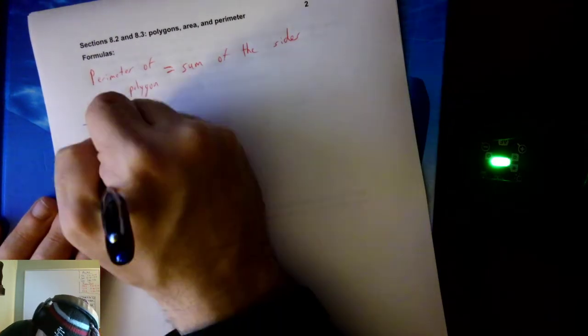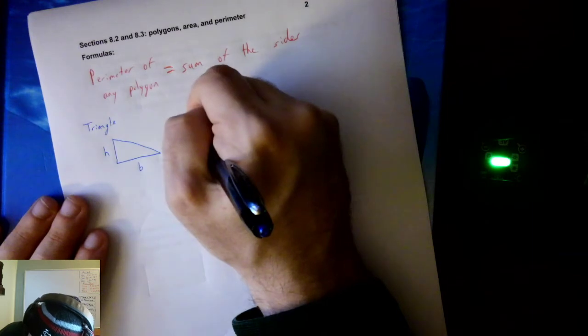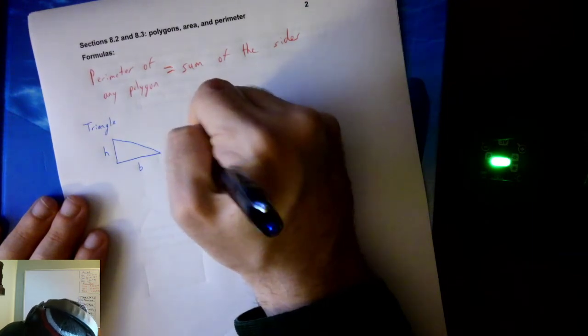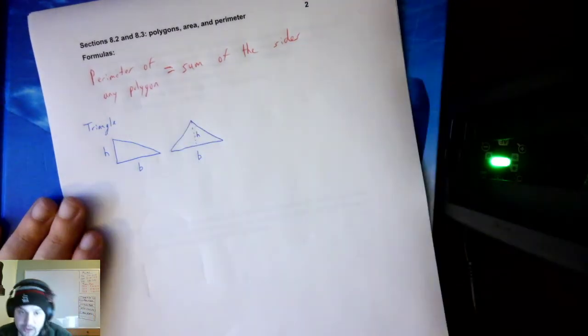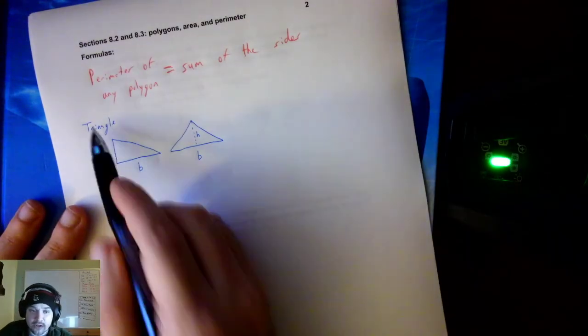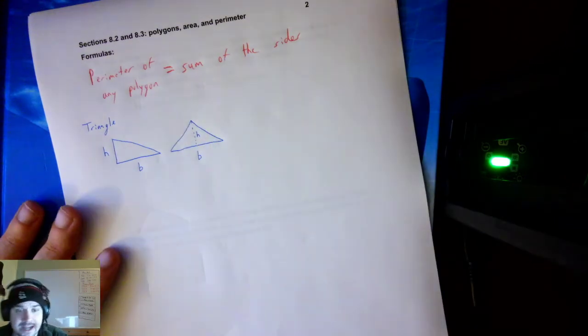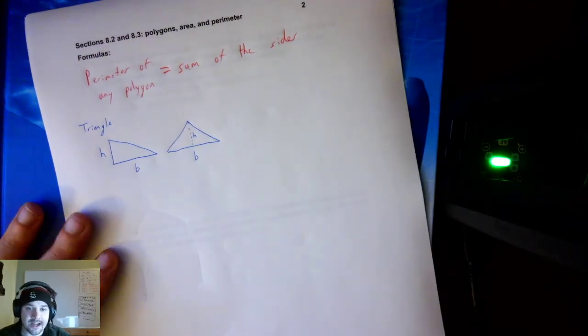When we're working with triangles, we have a base and a height. You can measure the height vertically, right? Whether the triangle has a nice vertical edge already in it, or whether you need to draw a vertical edge to measure the height, we can measure the height of a triangle, right?